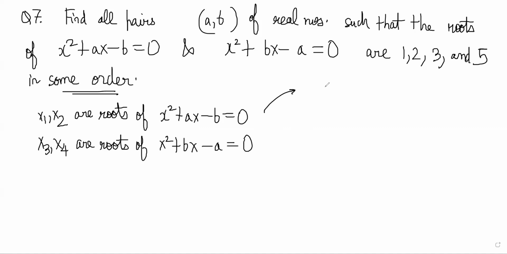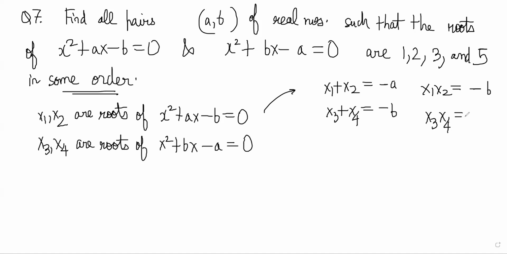So from here we have x1 plus x2 is equal to minus a, x3 plus x4 is equal to minus b, x1 x2 is equal to minus b, and x3 x4 is equal to minus a, right?